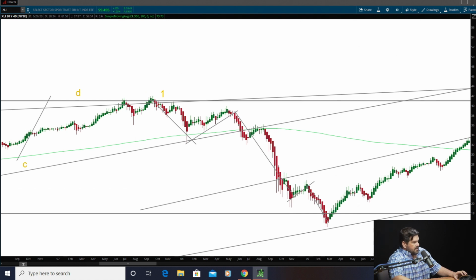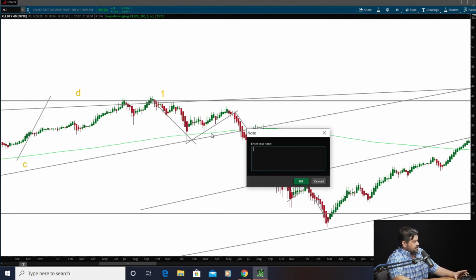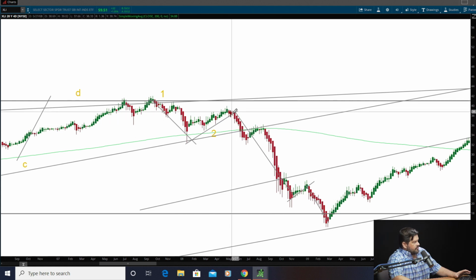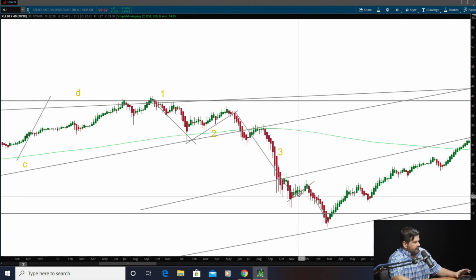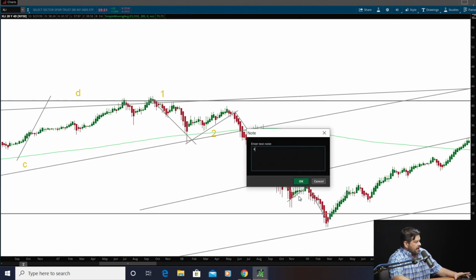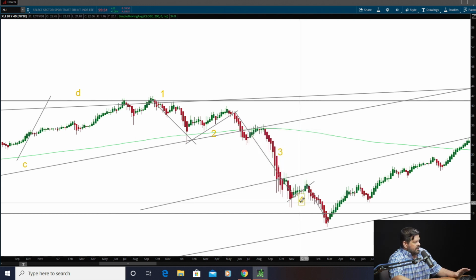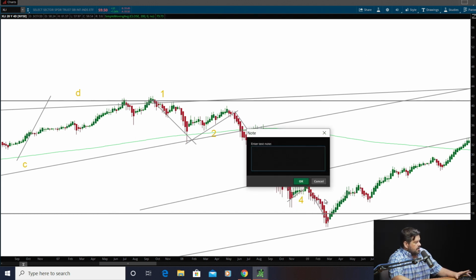So let me number them out for you. You have leg 1, which is this first down. Leg 2 is a pullback, counter trend trade. Leg 3 is usually the longest of all the legs, and you can see there's even a little pattern in this leg 3. Leg 4 is a pullback, and then of course you have the sell-off tail, leg 5.